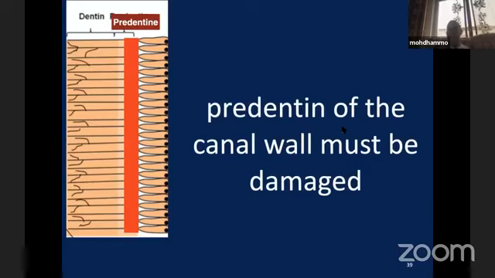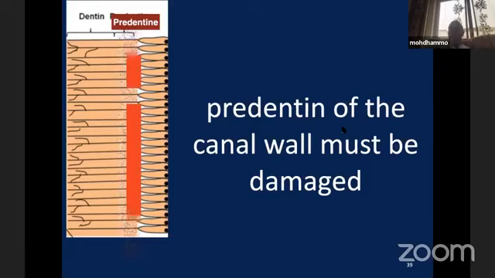Now, how does it occur? Remember we said that between the pulp and dentine, we have a non-mineralized layer called predentine. So when this predentine is damaged, what will happen?